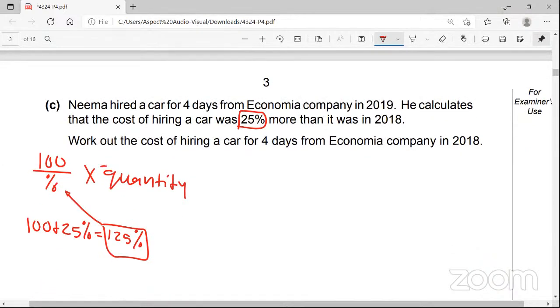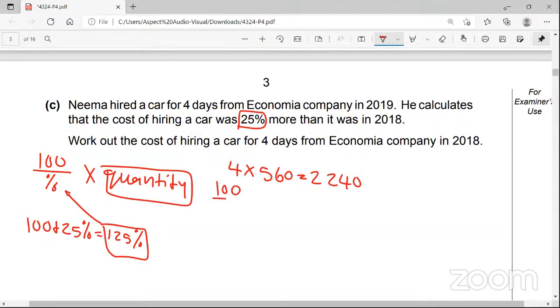What are we going to put here? So we will say 4 times 560, which will give you 2,240.